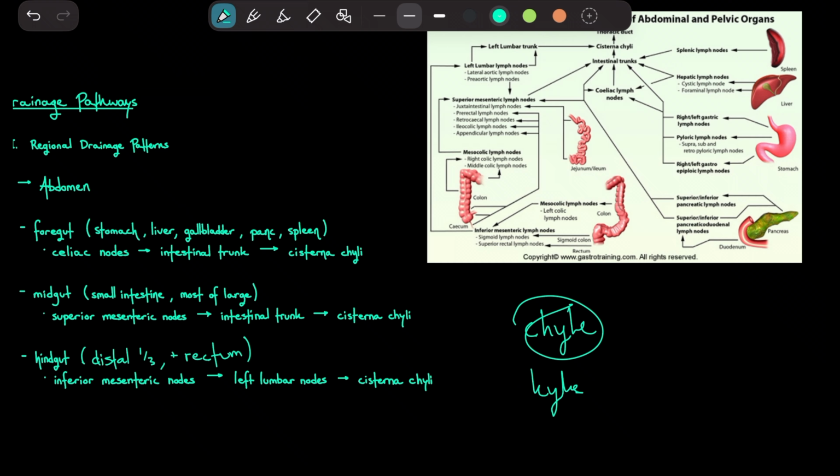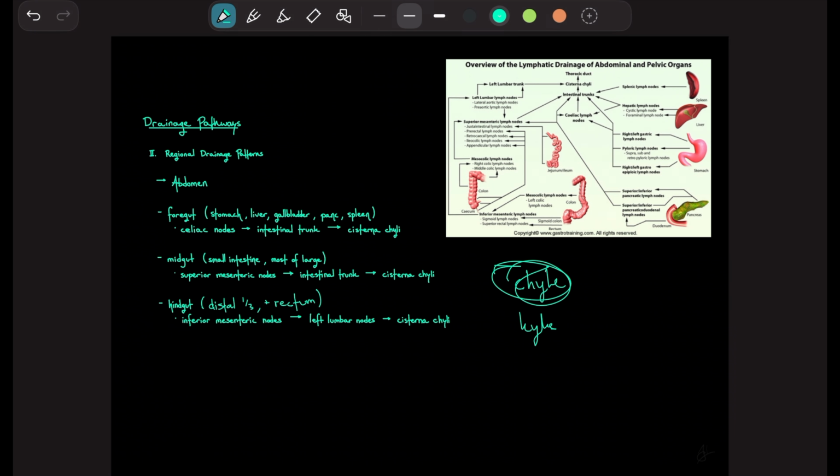So that's how we get our fat back into circulation. And remember, fat's not inherently bad. It's good to have for cholesterol, for cellular membranes, many other reasons. So we need that absorbed somehow, but it's too big. So we throw it into the chyle, and then that makes its way back into the cardiovascular system through lymphatics.